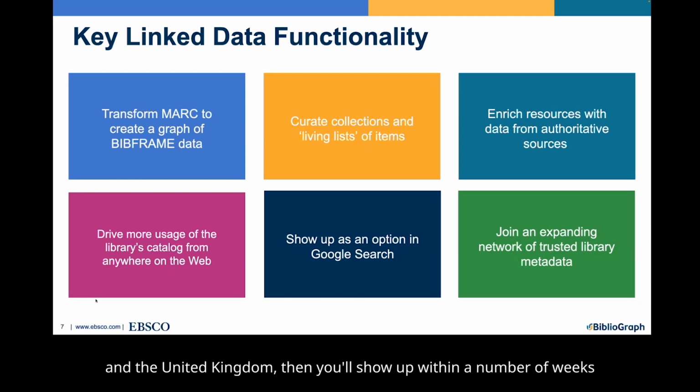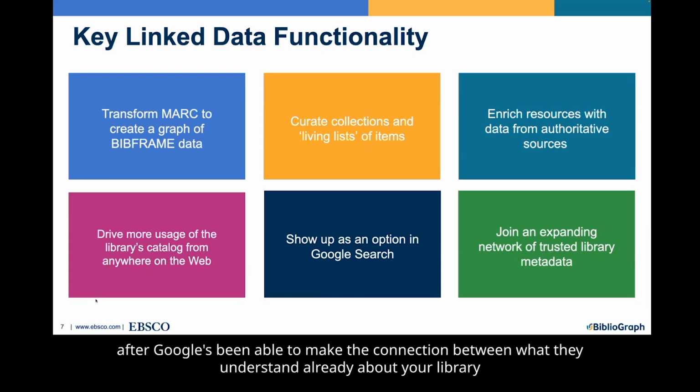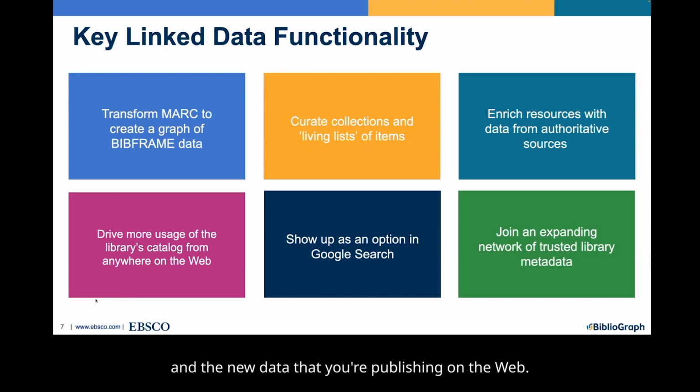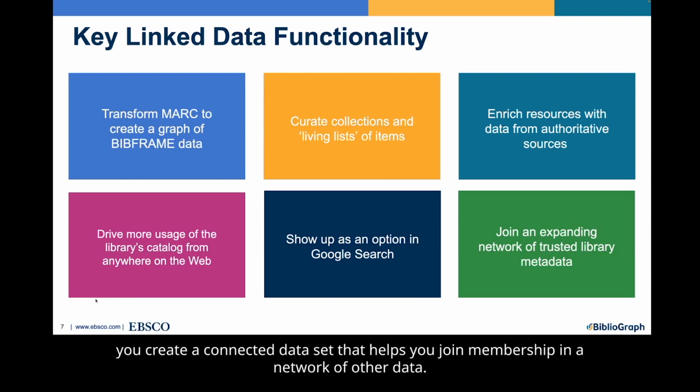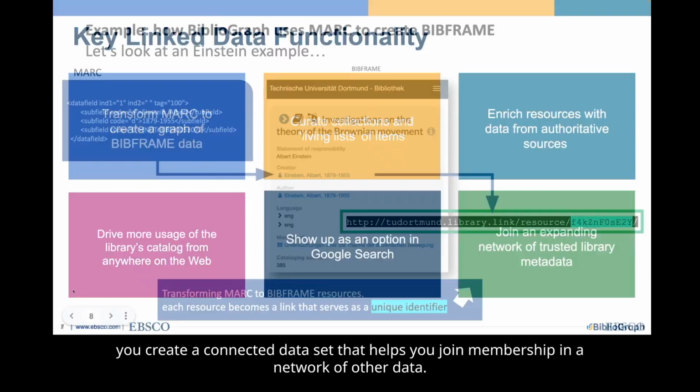Then you'll show up within a number of weeks after Google has been able to make the connection between what they understand already about your library and the new data that you're publishing on the web. And then, of course, as you publish your data, you create a connected data set that helps you join membership in a network of other data.